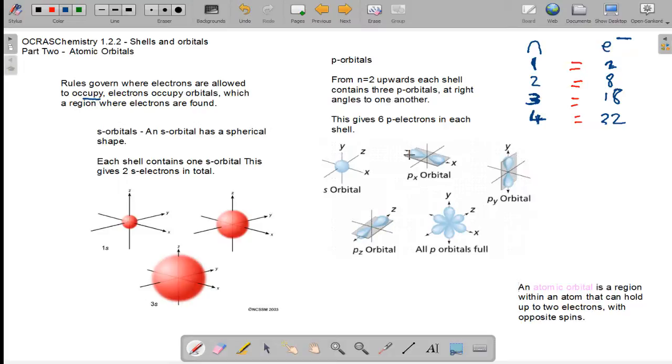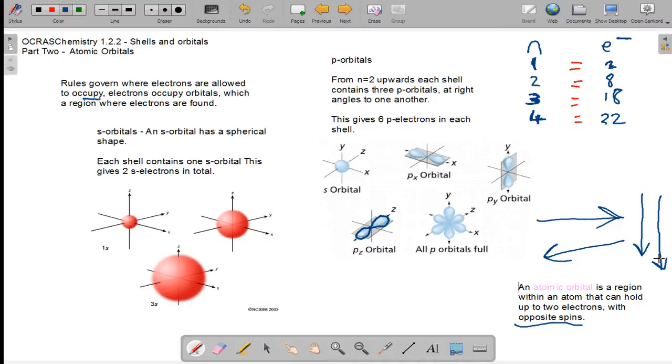My chemistry teacher tends to call them elephant ears, don't ask, but they're sort of like dumbbells, and this is where the electrons occupy. They don't go round in that shape because they're like a cloud. They move around in that exact region, and each one of these orbitals can hold up to 2 electrons with opposite spins, so they go in opposite directions. One electron can go this way, and the other electron can go that way. They can't go in the same direction because they have a negative charge, and they must repel each other.